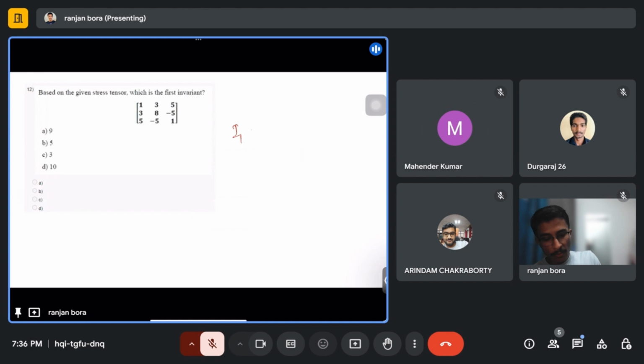We represent it by I1. In a stress tensor we have sigma xx, tau xy, tau xz, sigma yy, tau yz, and sigma zz.